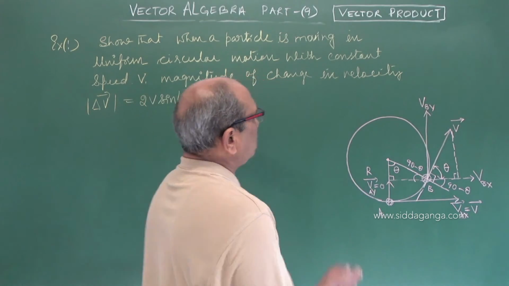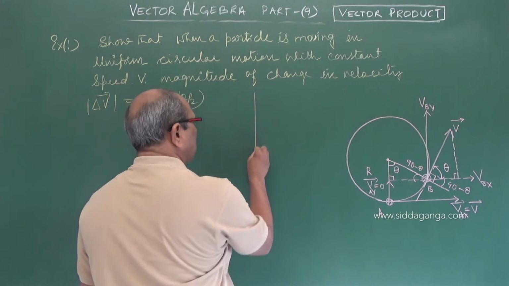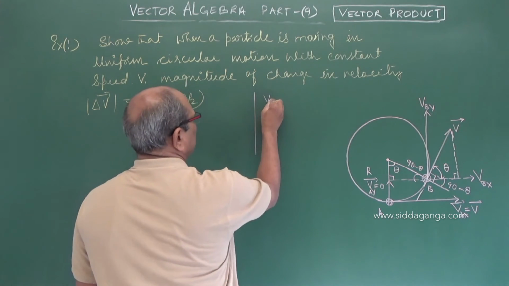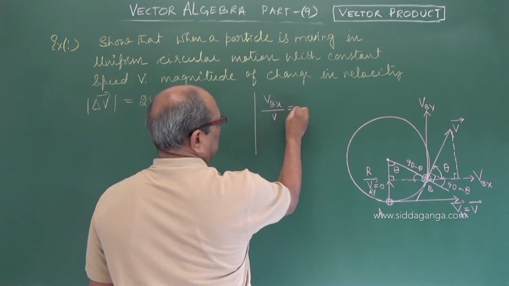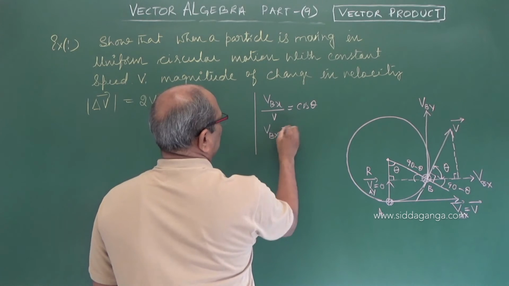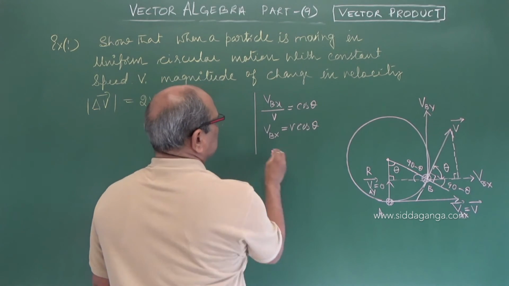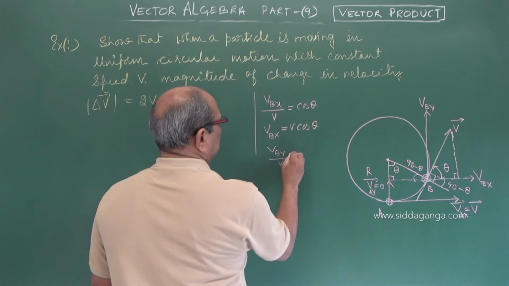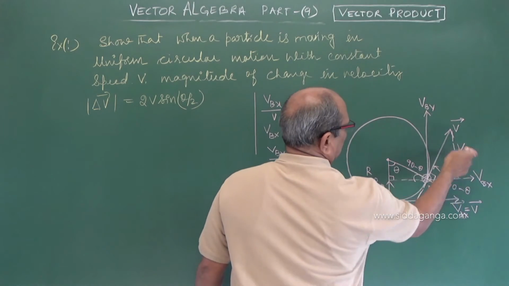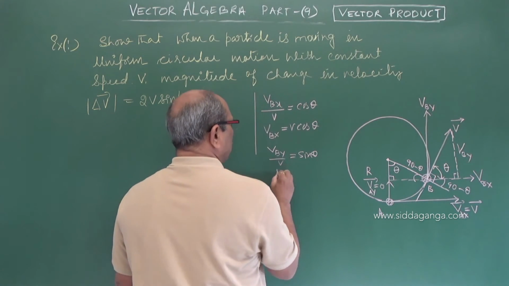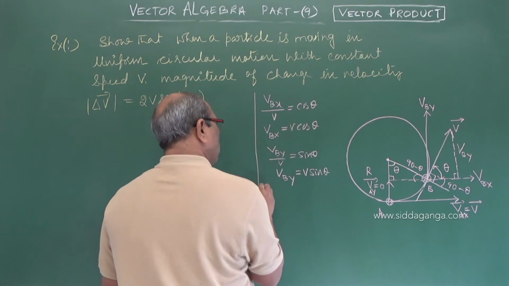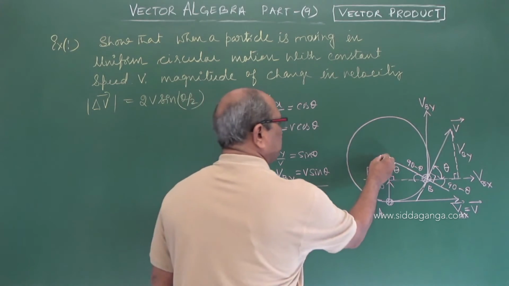So this is adjacent side by hypotenuse, Vbx by V is equal to cos theta, or Vbx is equal to V cos theta. Similarly, Vby by V is equal to sin theta, opposite side by hypotenuse. So Vby is equal to V sin theta.